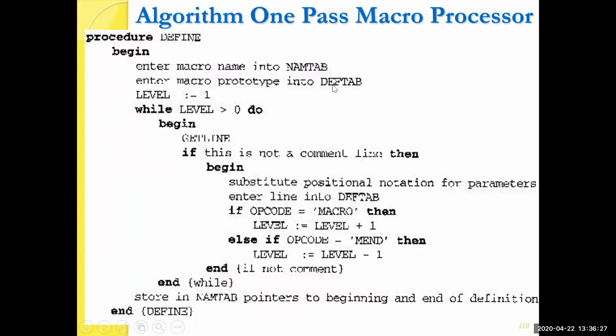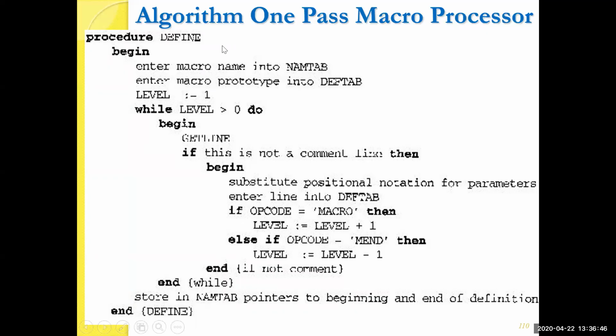The symbol in the label field is entered into the name table. Macro prototype is entered into the definition table. Prototype is the name of the macro and the parameters. That is, the symbol in the label field and the parameters in the operand field will be entered into the definition table as the first line.